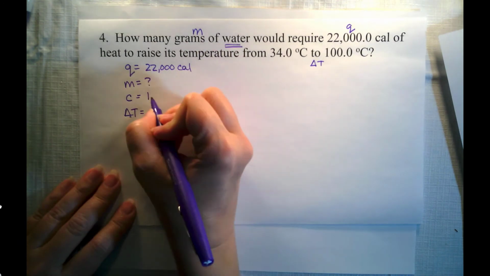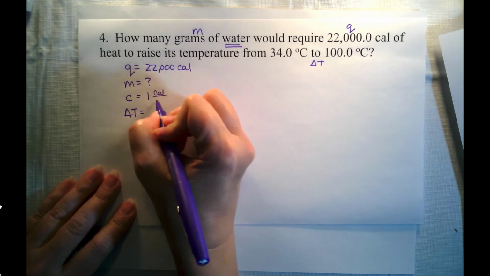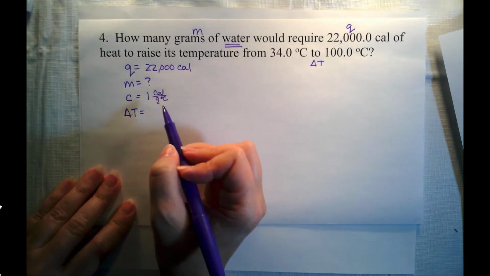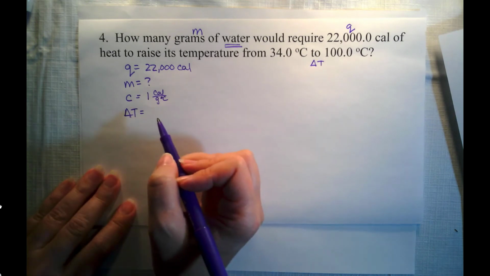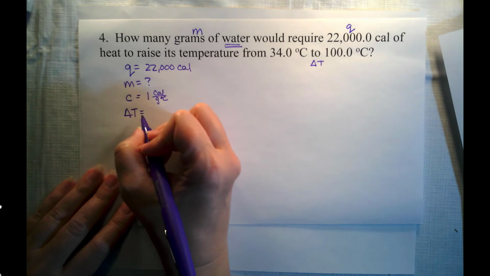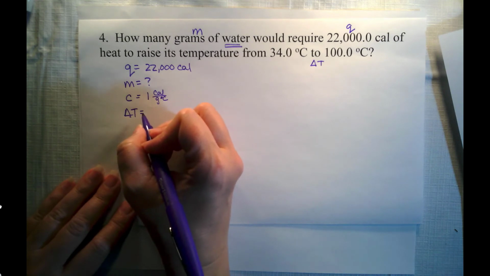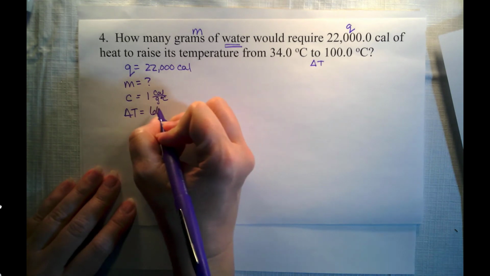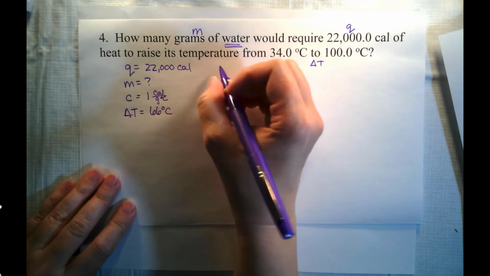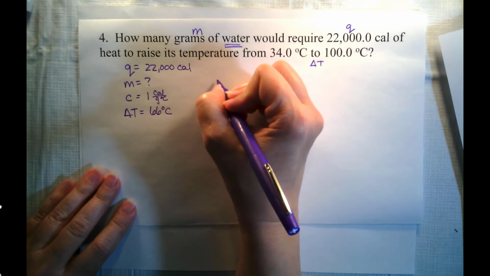So this is going to be 1 calorie per gram degrees Celsius, meaning it takes 1 calorie of energy to raise 1 gram 1 degree for water. And then our change in temperature, 66 degrees Celsius.